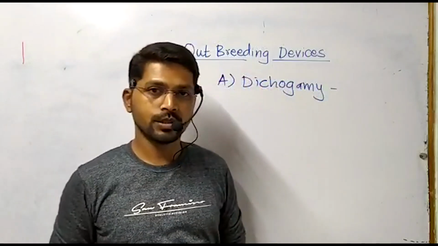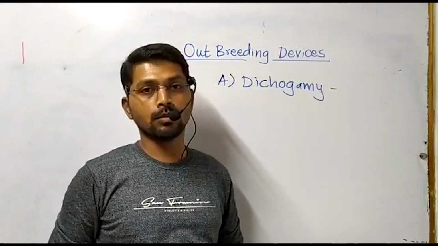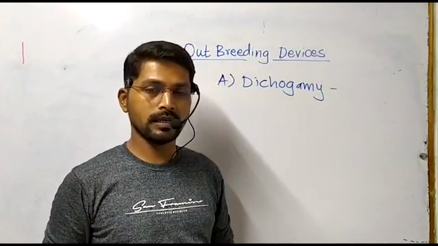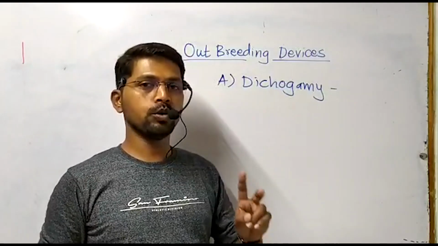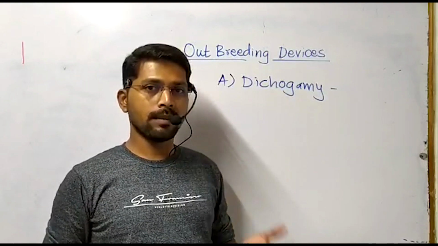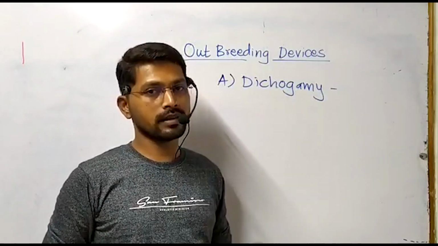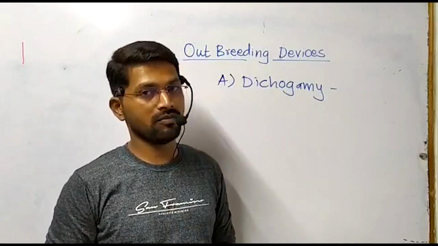In our previous lectures, we have already studied that dichogamy is the opposite term of homogamy. Homogamy is a term related to the simultaneous maturing of both male and female reproductive structures. In such plants, stamens and carpels mature at the same time, and therefore homogamy is favorable for self-pollination.